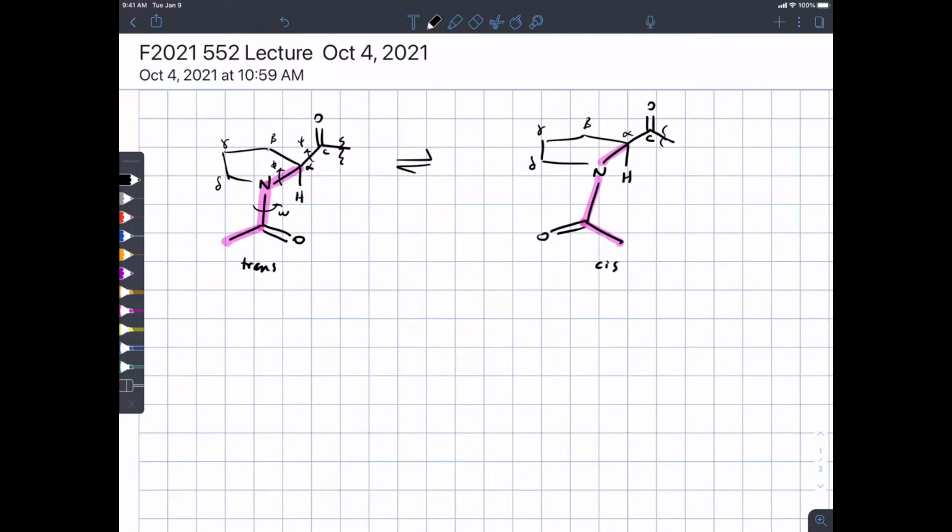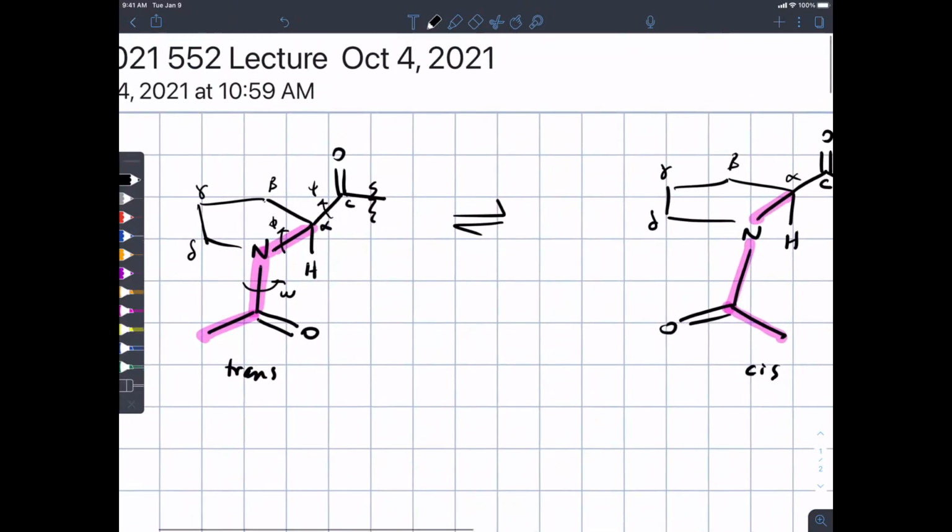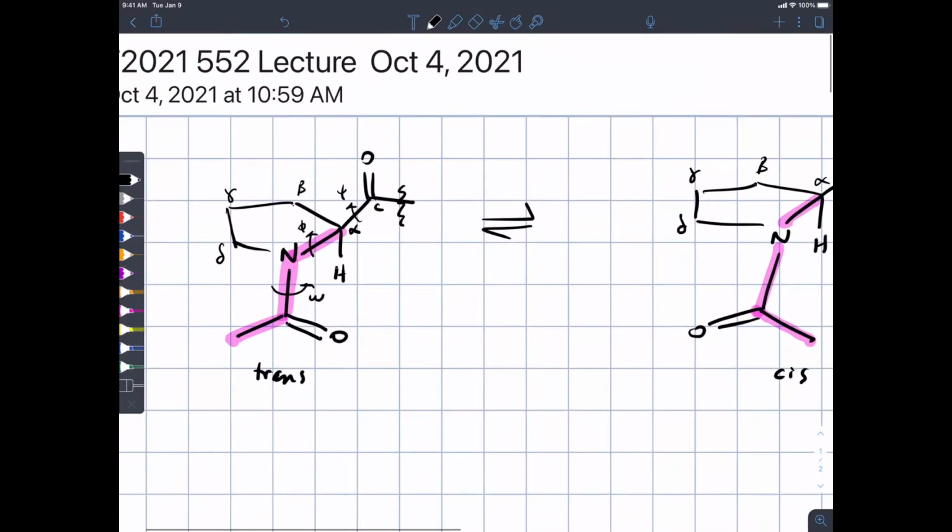One of the things that Raines discovered is that there is an interaction between this oxygen and the carbonyl carbon. We'll talk about it later, but it involves a lone pair on the oxygen donating into the pi star of that carbonyl.